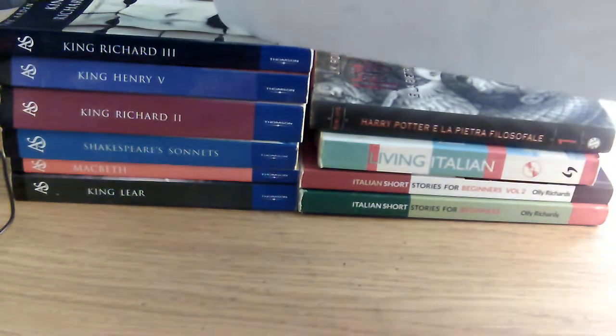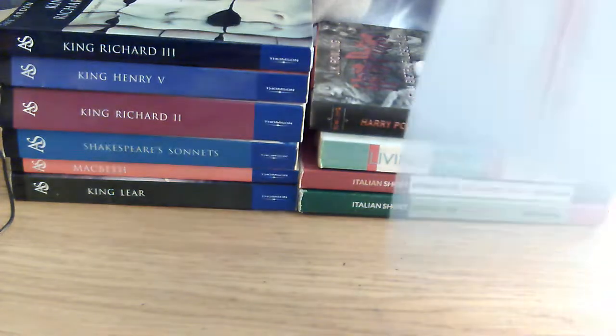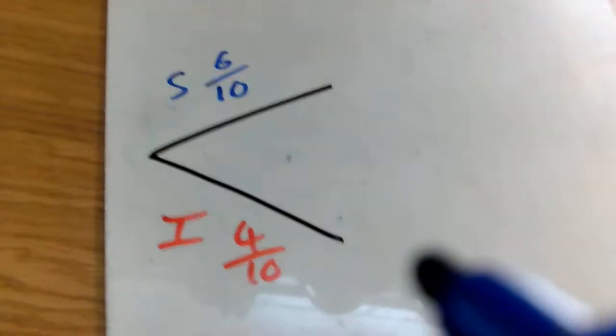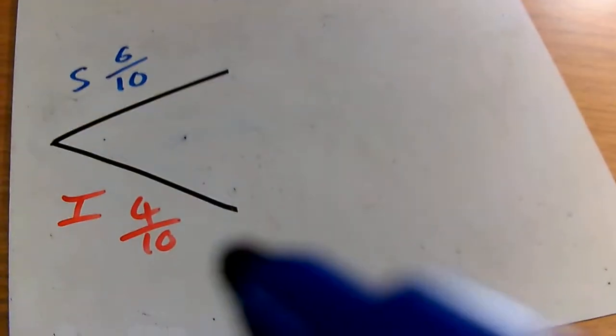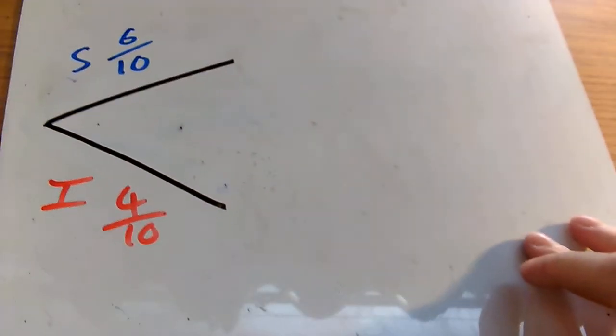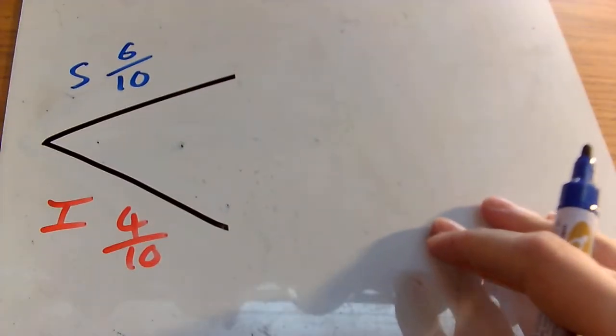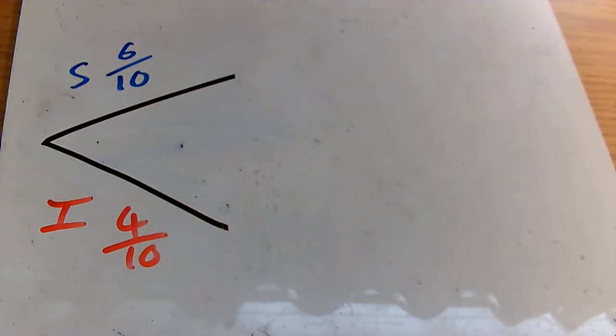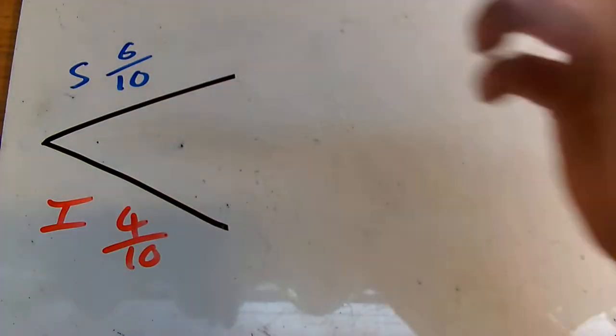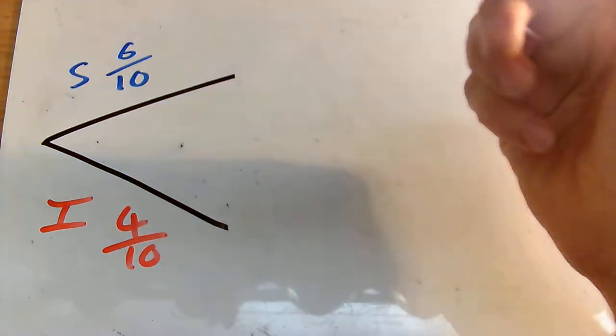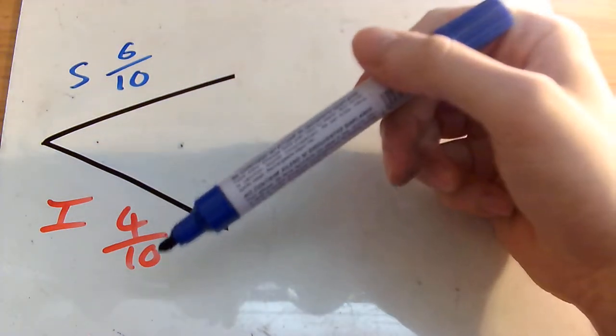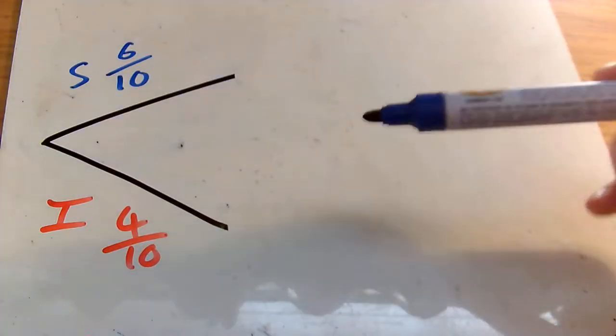So we've got 6 Shakespeare, 4 Italian. And I'm going to make the tree diagram to basically show all the things that could possibly happen in this scenario. So the branches here represent the choices I can make at each stage. So initially I've got a 6 in 10 chance of choosing the Shakespeare, I've got a 4 in 10 chance of choosing the Italian. That's pretty straightforward.